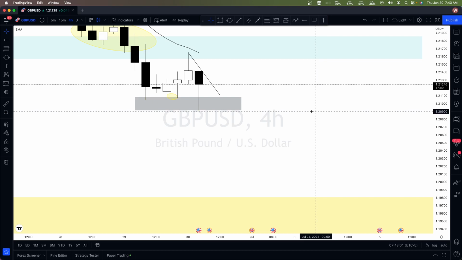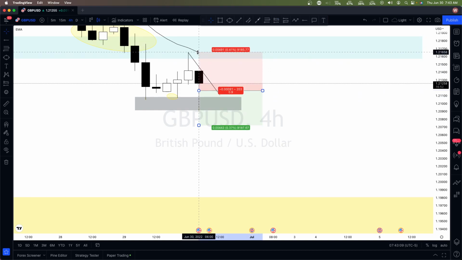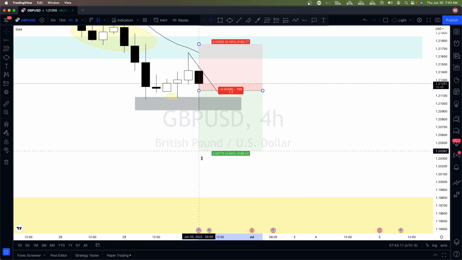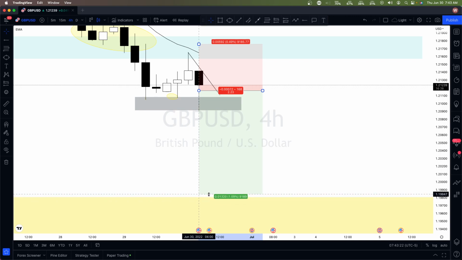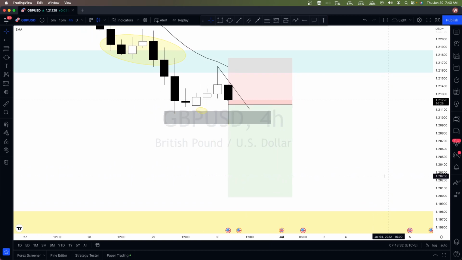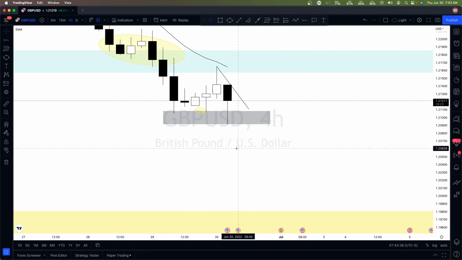So on the 4 hour, just to speculate, this is like a day trade, right? Not a scout trade, a day trade. If we were to enter about right here, stop loss above, set right there, and 1 to 3. Can we do a 1 to 3? We'll do a 1 to 2 because it's a daily zone. I don't think we'll go that far. So 1 to 2, maybe.